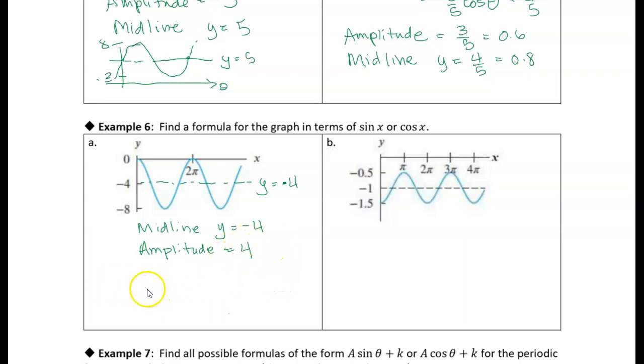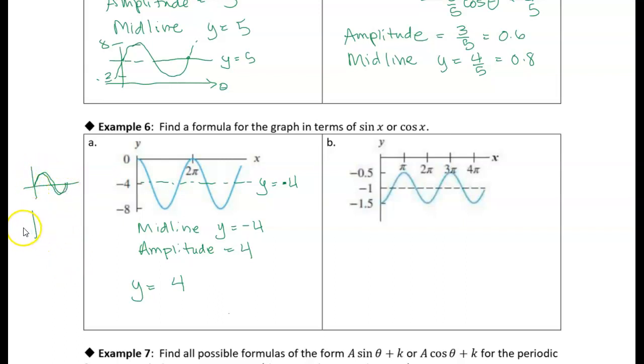All right, so now we can just write the equation as 4 times, now we also had to decide what kind of function this looks like. Now you know that sine starts at the midline and goes like that, starts and stops at the midline, right?